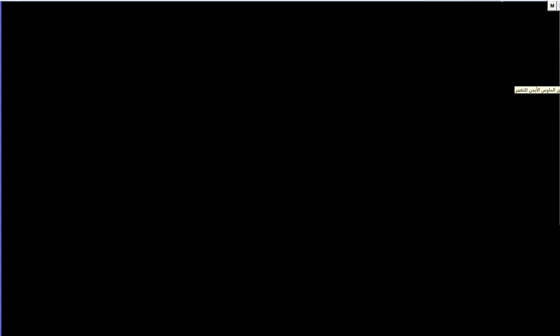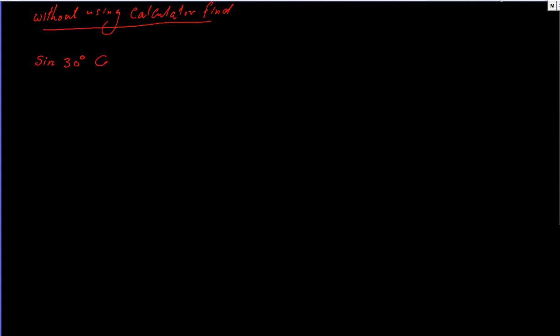Without using a calculator, find number 1: sine 30 degrees cosine 45 degrees minus cosine 30 degrees sine 45 degrees. Okay, sine 30 equals what?